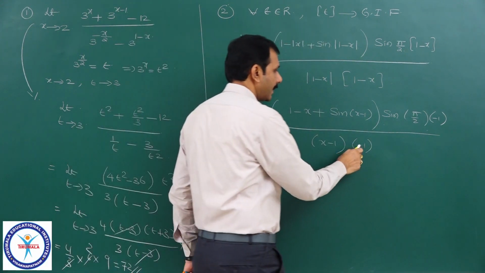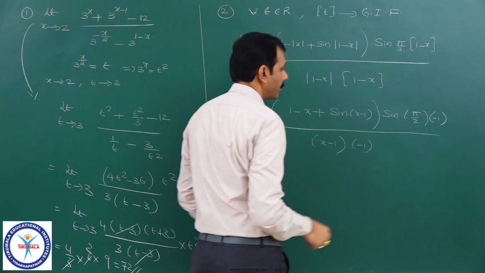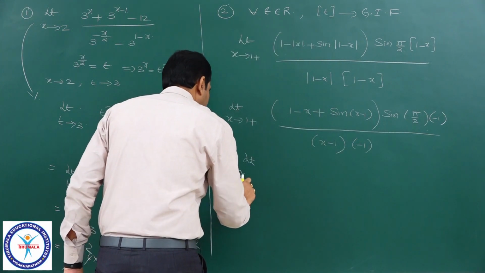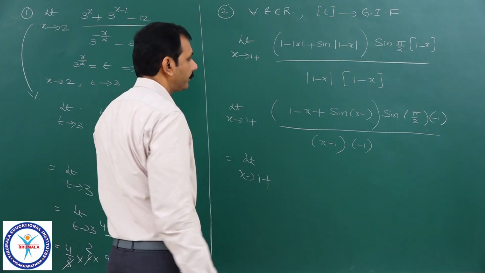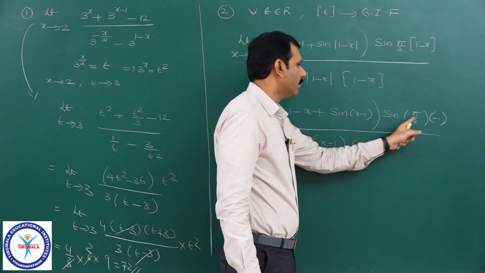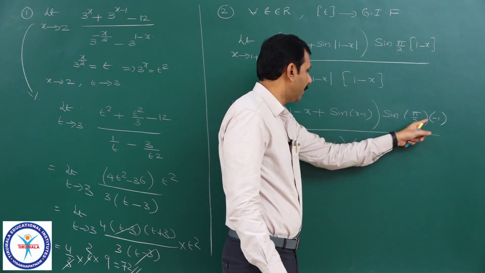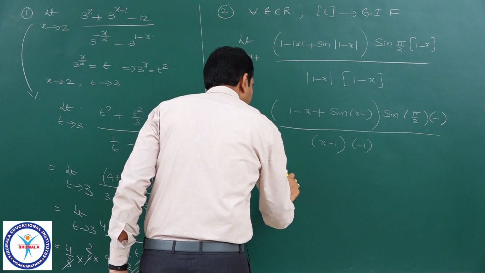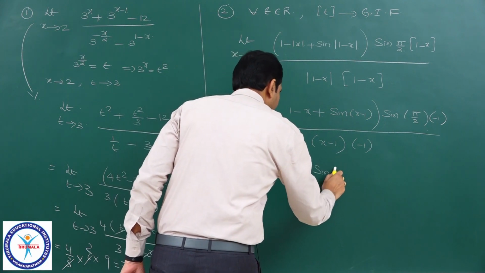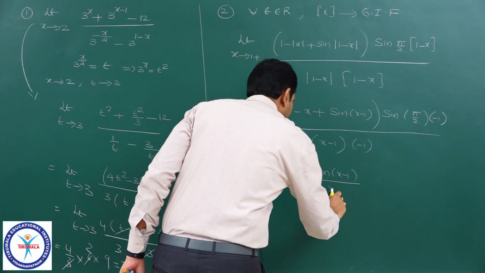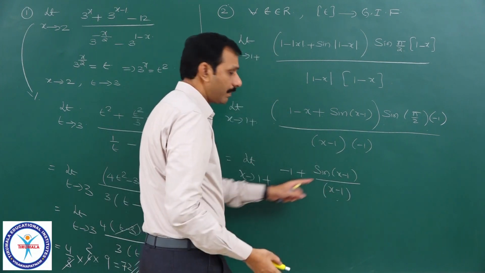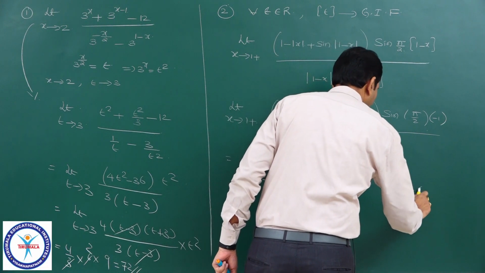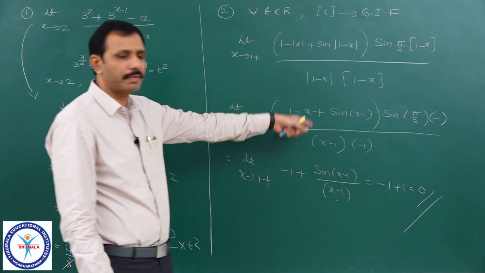Of course, this minus sign and minus sign will get cancelled, it will give a positive sign, and sin pi by 2 is 1 only. Finally, it is limit x tends to 1 plus, this is 1 minus 1, it becomes positive, 1 minus x by x minus 1, minus 1, plus sin of x minus 1 by x minus 1. As x tends to 1 plus, sin of x minus 1 by x minus 1 is only 1, so it is minus 1 plus 1 equal to 0. So, very simple problem this.